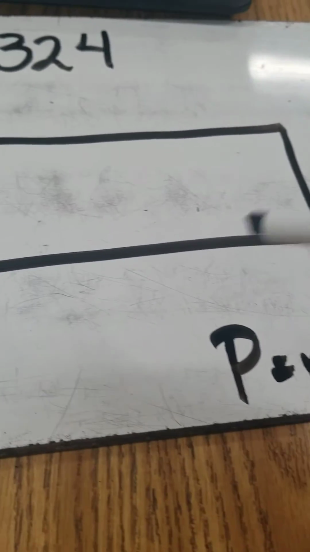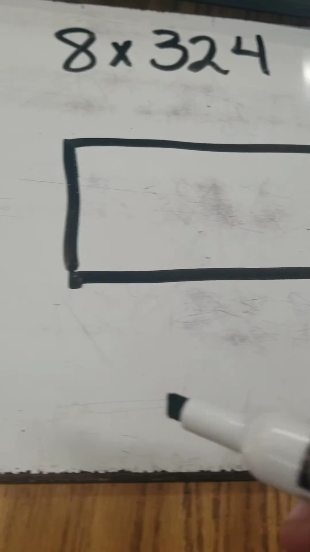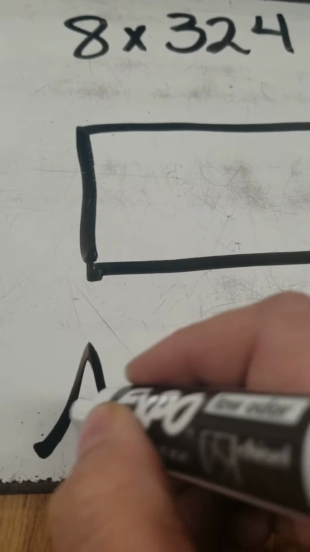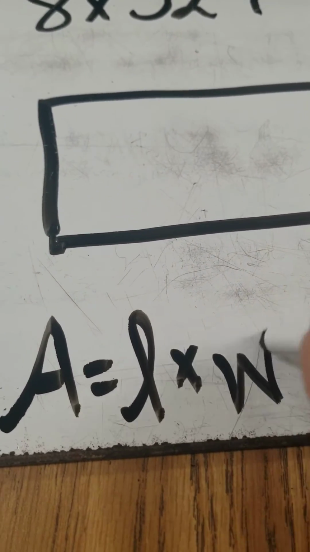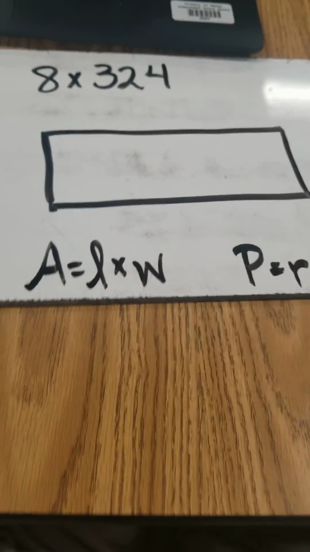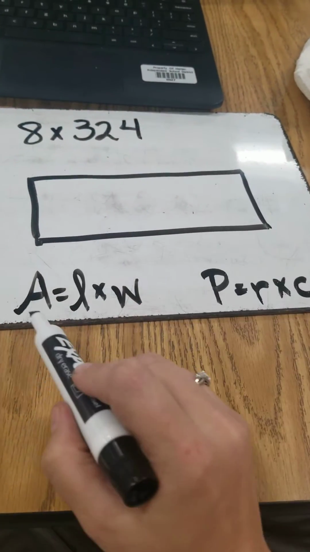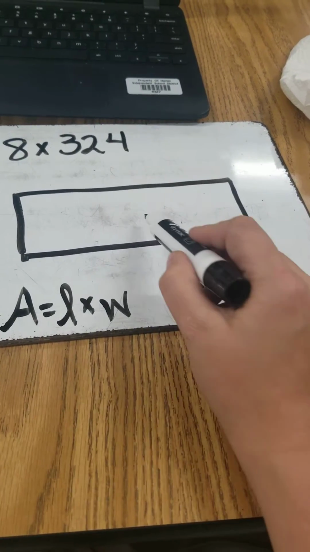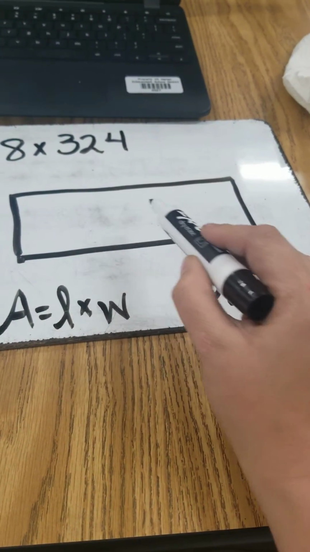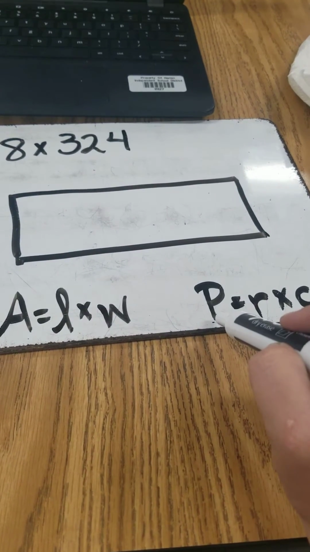If we look at this as a rectangle, we know that the area of a rectangle can be calculated by length times width. So if you look at those two, the correlation between them, the area, which is the inside of the rectangle, is the same as our product.